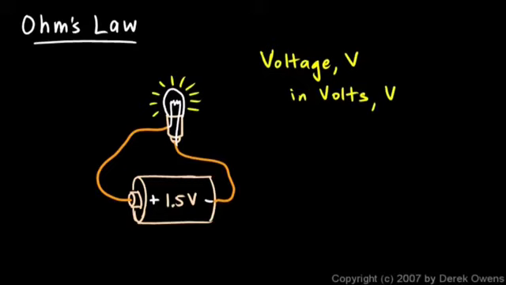So you have the voltage in volts, you have the resistance, and we call that capital R. Resistance is exactly what the name implies. It's resistance to current flow. Everything has some resistance. Well, almost everything. Almost everything impedes the flow of current in some way.